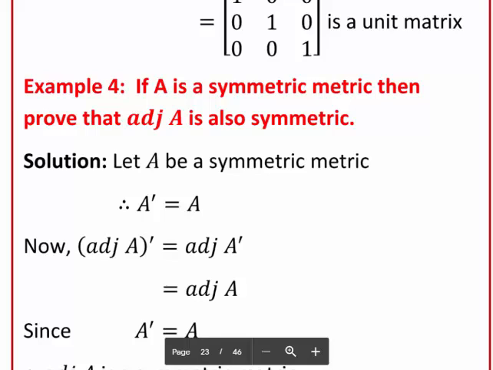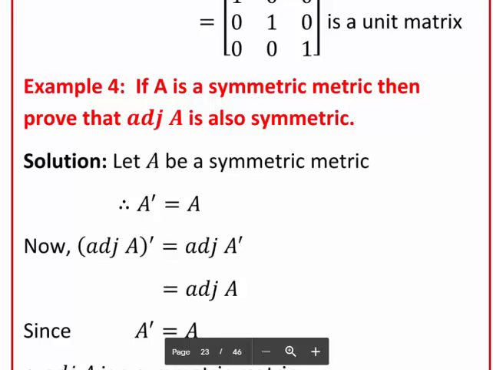Now let us think about symmetric matrix. A transpose is equal to A. This is the condition. Suppose this is given in the problem. We have to show that adjoint of A is also symmetric.